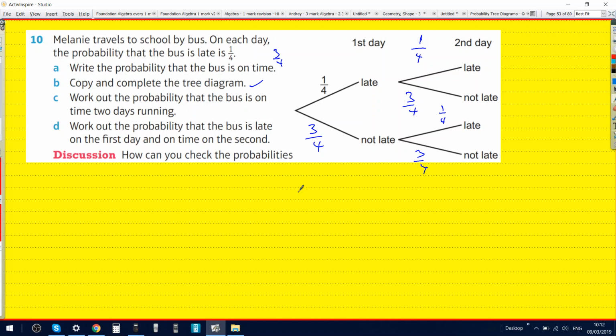Would that be one quarter? That would be if it's late. Oh, 3/4, sorry, for 2 days. Oh, so would you times them together? Yeah. Oh, so it'd be 9 over 16. Yeah.